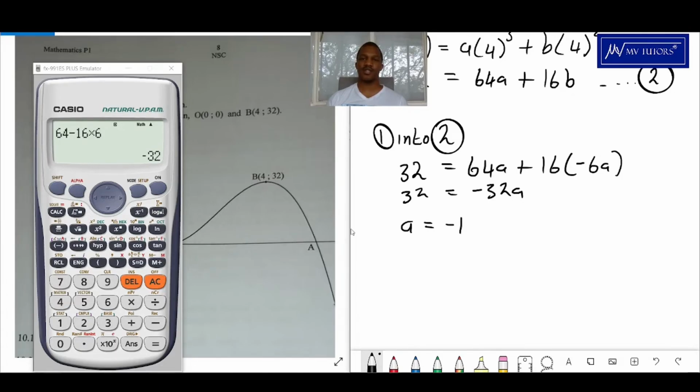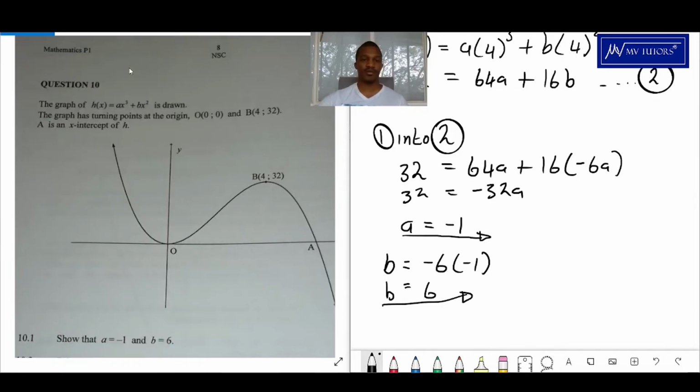If a is negative 1, remember equation number 1 says b is equal to minus 6a, so a is minus 1, so really b is a positive 6. So those are my two answers right there. Okay, that was a very long question, but we got to the answer.